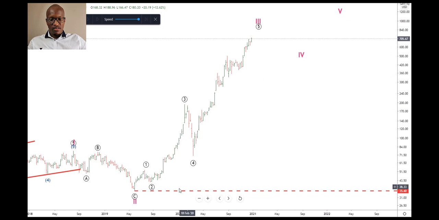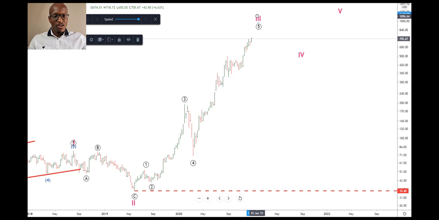Now that Tesla has been included in the S&P, it's a bit of a concern for me because the market is really almost at the peak of wave 5 of wave 3. So what am I anticipating now?